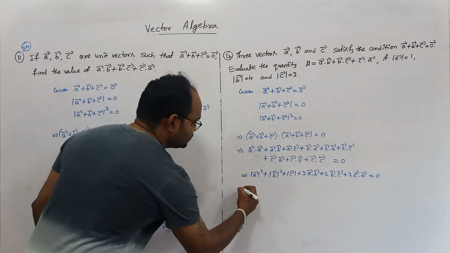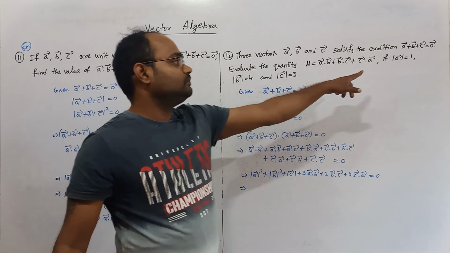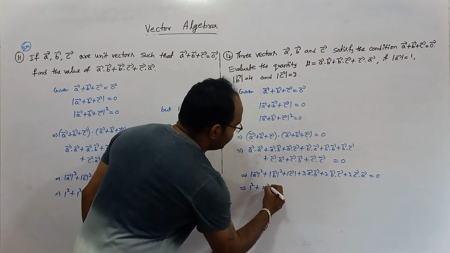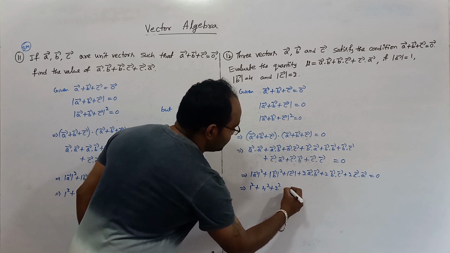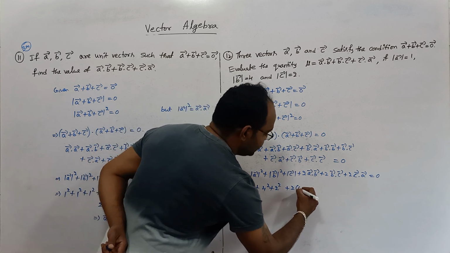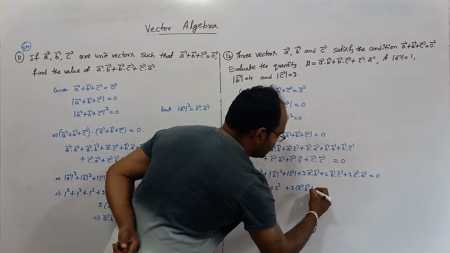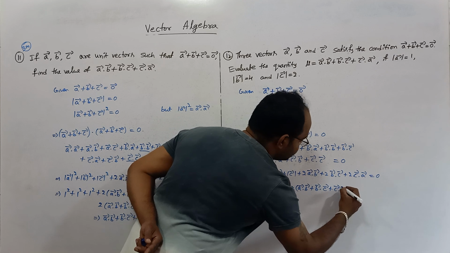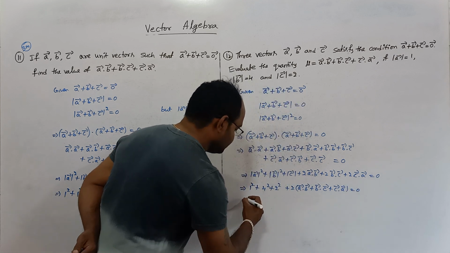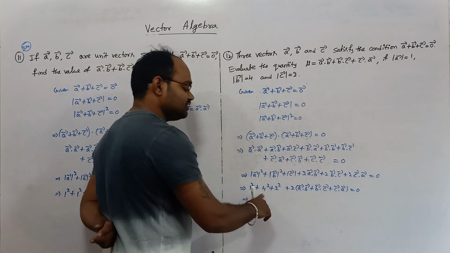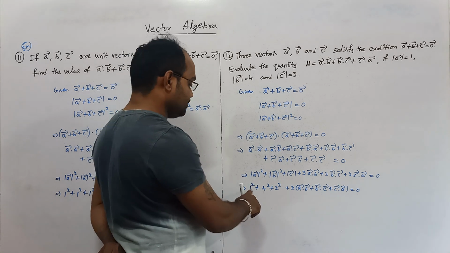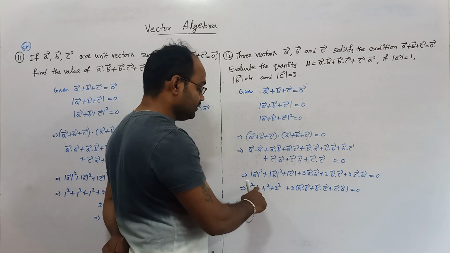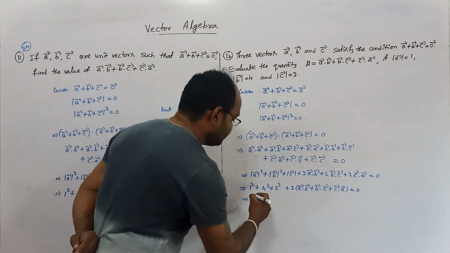So magnitude A whole square, it is given, magnitude A is 1, so 1 square plus 4 square plus 2 square plus 2 times A dot B plus B dot C plus C dot A is equal to 0. So ಇದು simplify ಮಾಡಿದ್ರೆ 1 plus 16, 4 square is 16, 16 plus 4 it is 20, 20 plus 1 21, 21 right side ಹೋದರೆ minus 21 ಆಯಿತು.